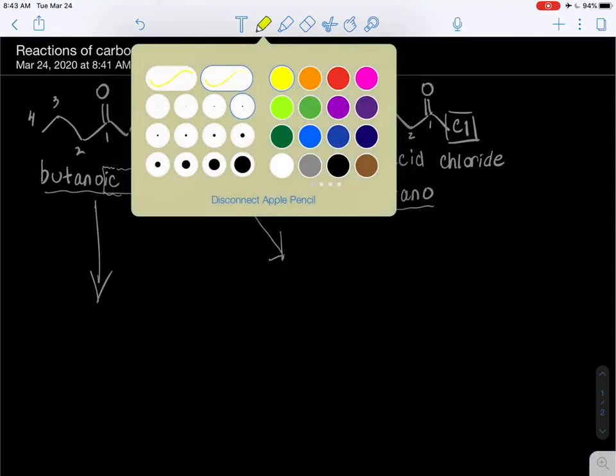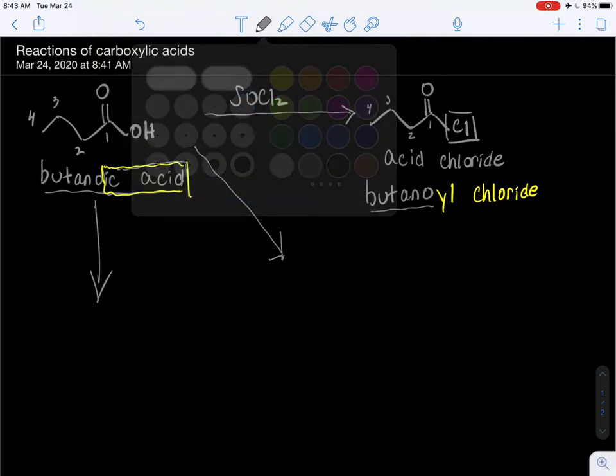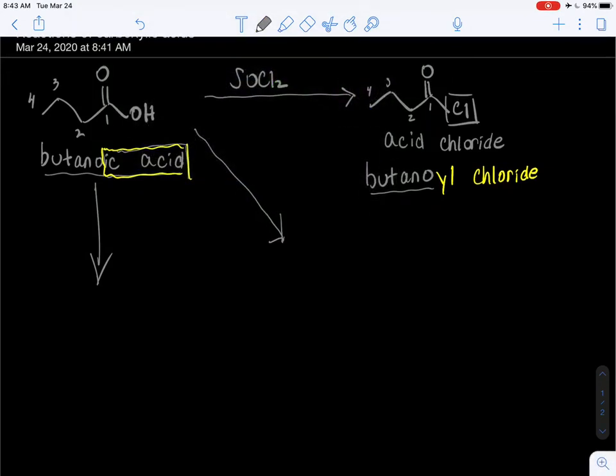And then you add yl chloride. So you remove the ic acid and you add yl chloride, and the name of that is butanoyl chloride, okay? Pretend like you're eating sushi or something and you're pronouncing it butan, oh, it's eel. Okay, butanoyl chloride. That's exactly how it's pronounced, okay?